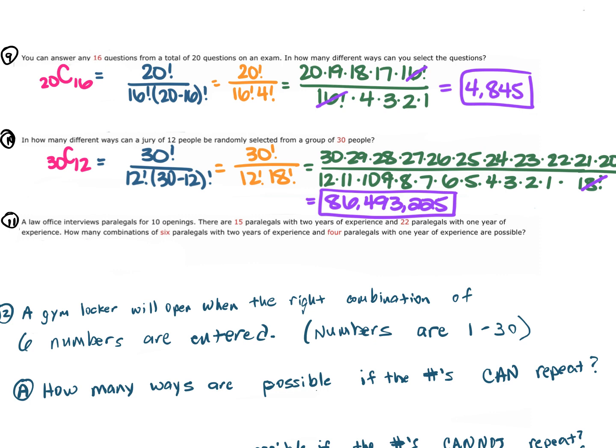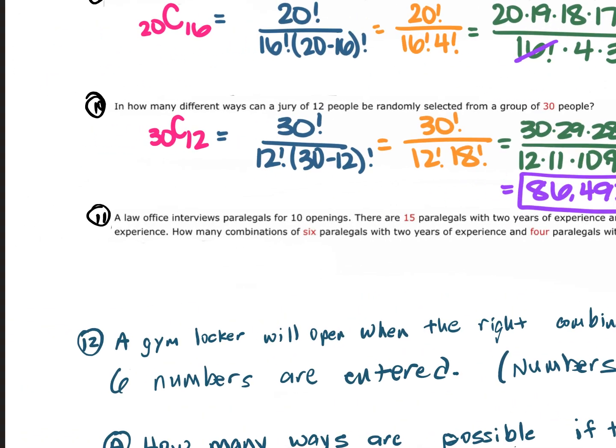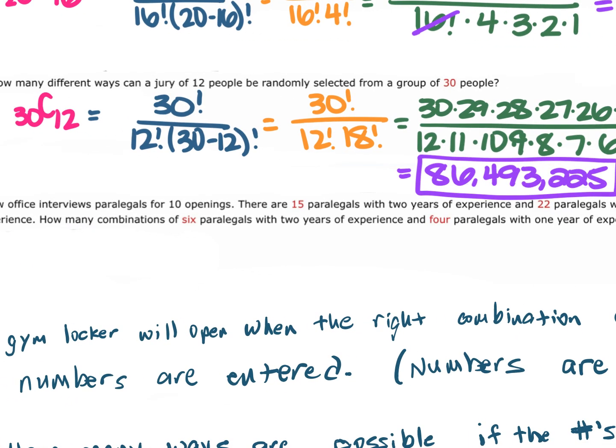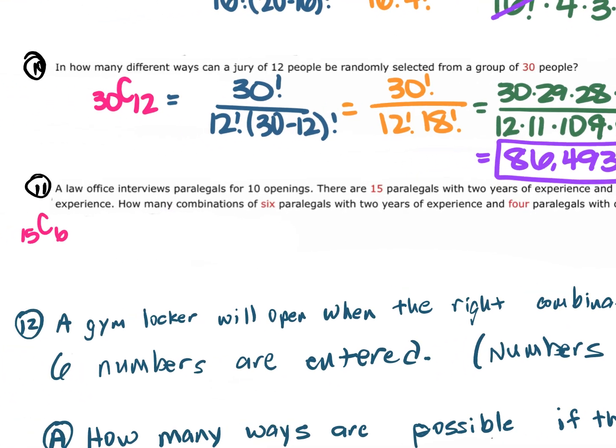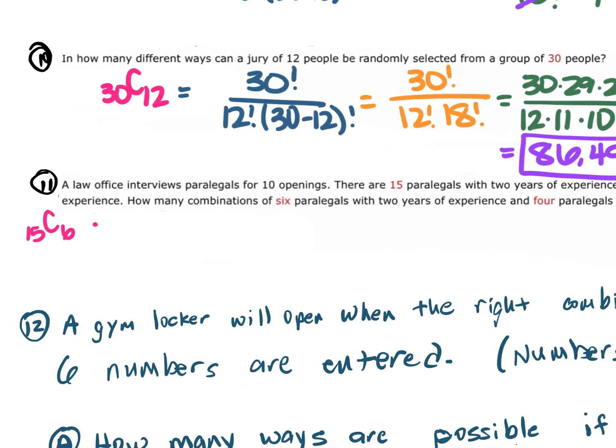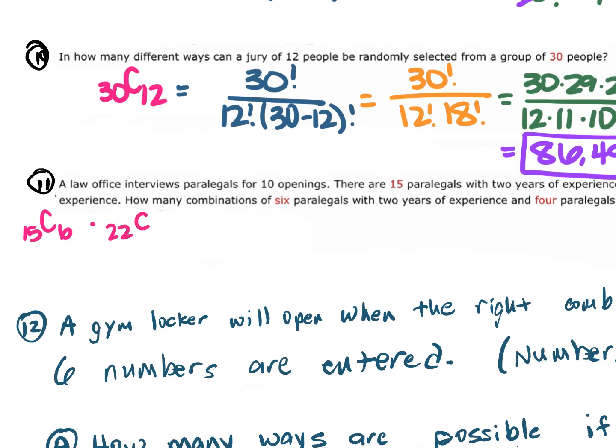The reason why is because it tells you that you need 6 paralegals with 2 years of experience. So that means you're going to have 15 combination 6. And then you're going to need 4 paralegals with 1 year. So that means you're going to multiply that by 22 combination 4.